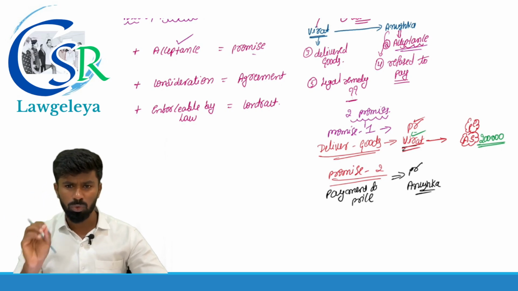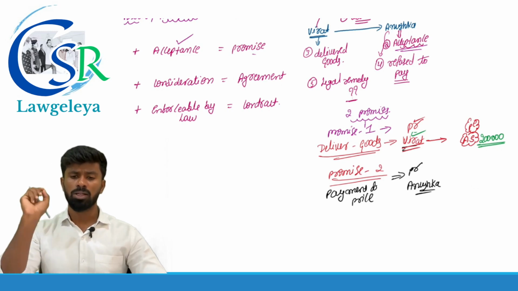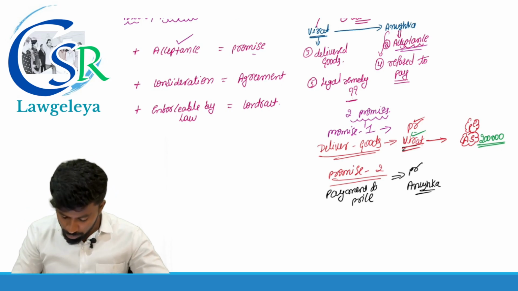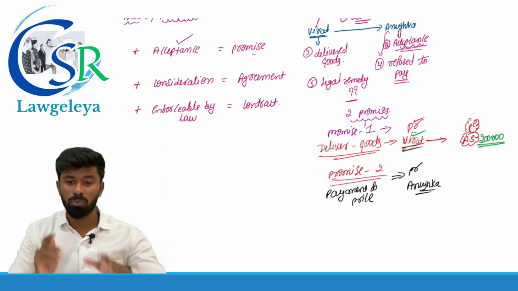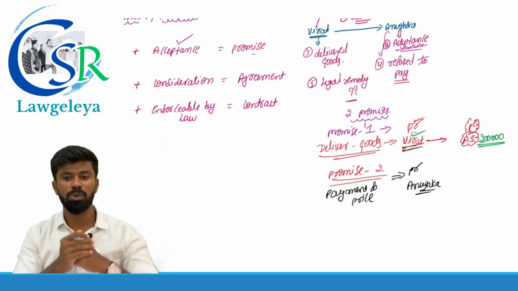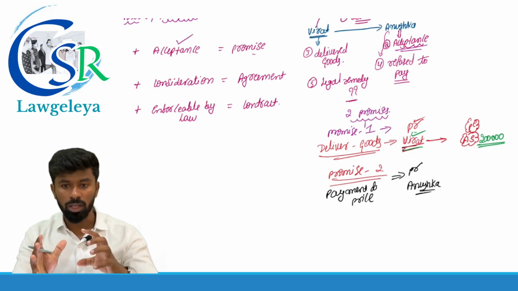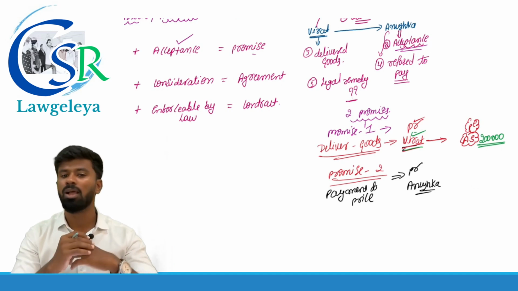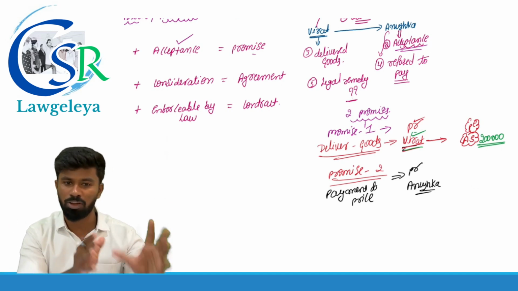The fundamental rule is that consideration must happen at the desire of the promisor. Virat is the promisor, and at his desire Anushka is paying 2 lakh. That is the consideration for Virat's promise.